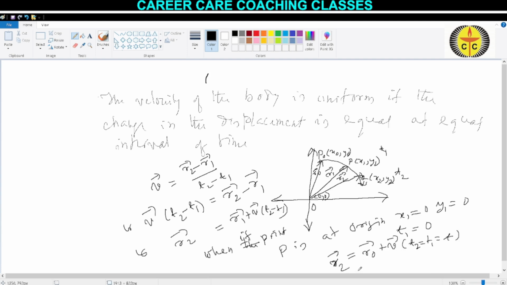So in general you can write R is equal to R0 plus Vt.